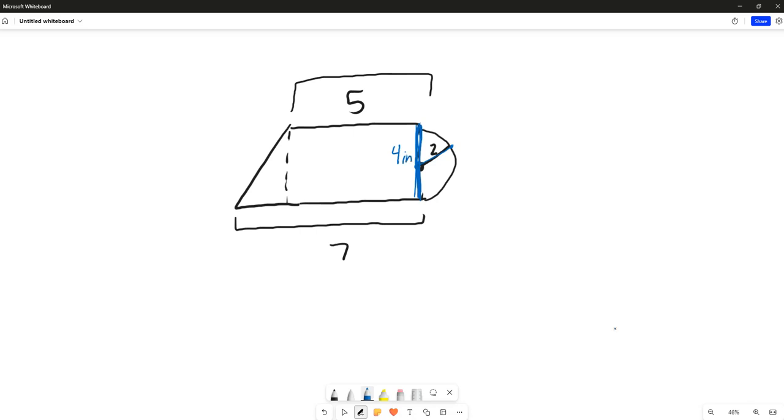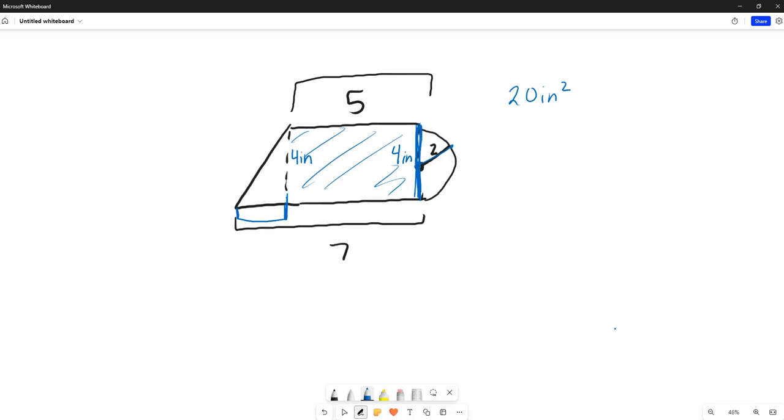Since all these corners are square, this is also 4 inches, the height of this triangle. If I'm finding the area of this figure, inside this rectangle, which I'll scratch out as blue, the area is going to be 20 inches squared because 5 times 4 is 20. Now the base of this rectangle is only from here to here.